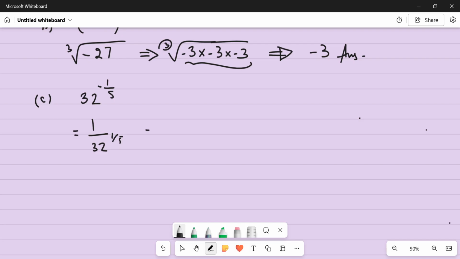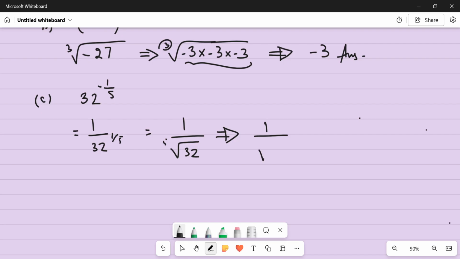As we know, it's 1 over 5 here, so we convert this into radical, the fifth root, and 32 will be inside. Now we need to make the factors. When we multiply the same digit 5 times, you will get 32. So the prime factors of 32 are 2, 5 times.